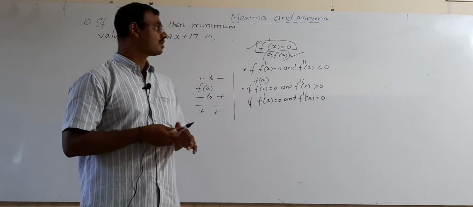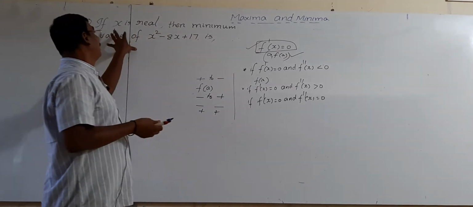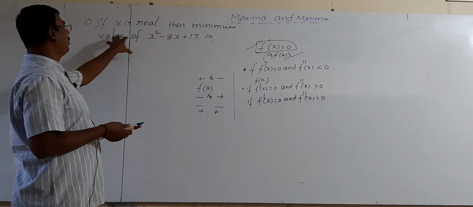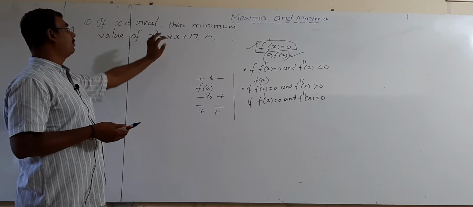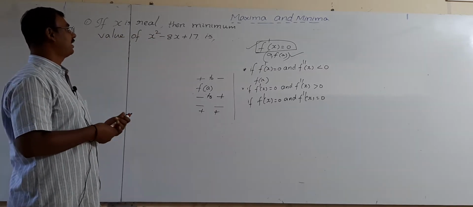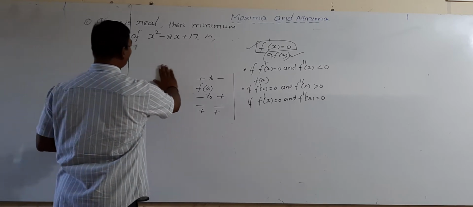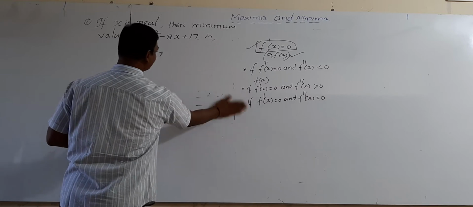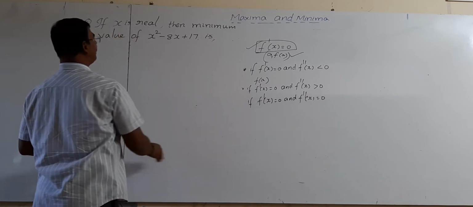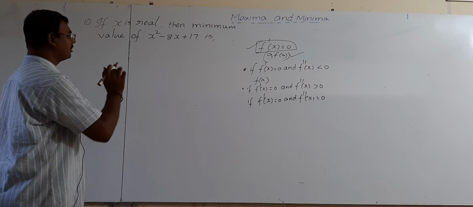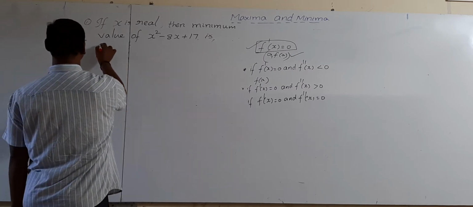Now we are going to solve the problem. If x is real, then what is the minimum value of x square minus 8x plus 17? I will follow the first method here, which is the first derivative test. I will give all the methods.